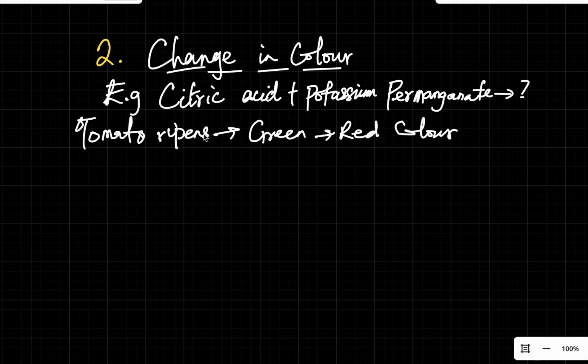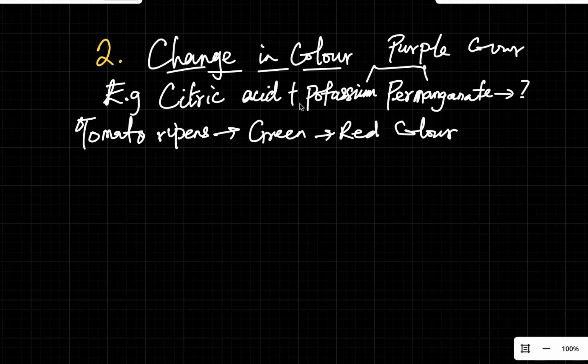Now, for example, this potassium permanganate has a purple color. When citric acid, which is an acid you get from orange and others, is added to this potassium permanganate, a chemical reaction takes place.